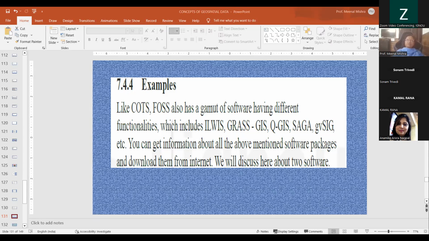Then the next one is SAGA. The full form of SAGA is System for Automated Geoscientific Analysis. And this one is considered one of the classic open-source geospatial software.